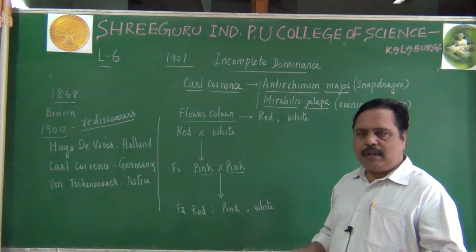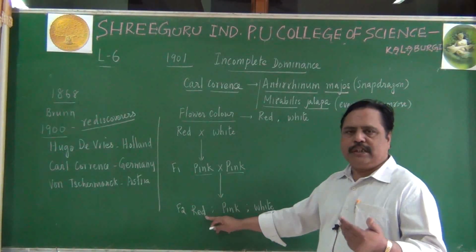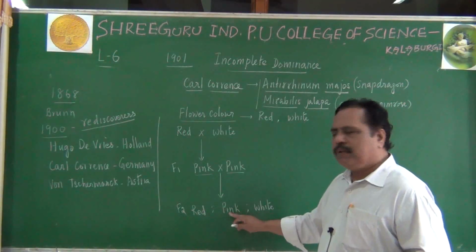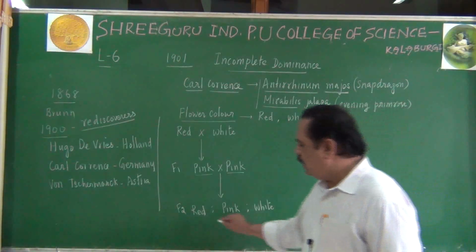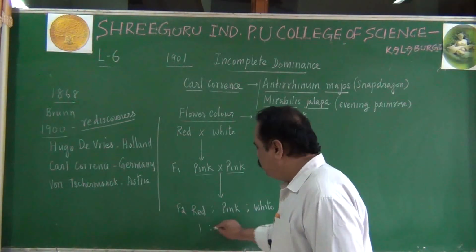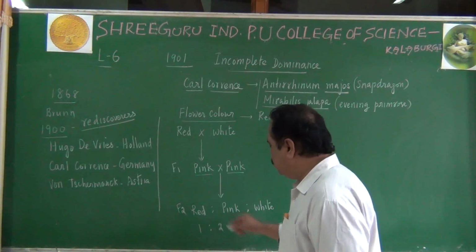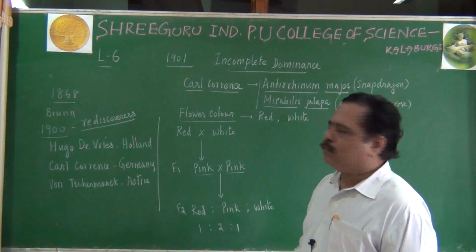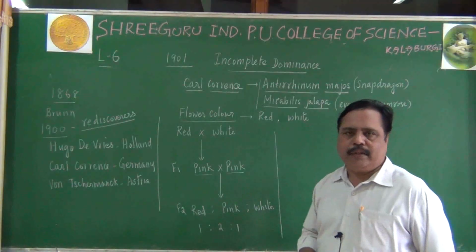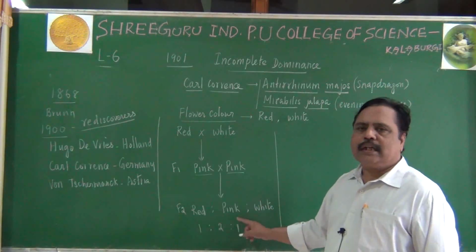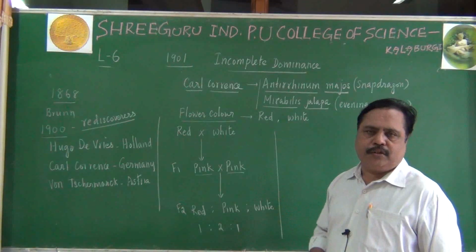Some of the offspring were producing red flowers, some were producing pink flowers, others were producing white flowers. In what ratio? In a 1:2:1 ratio. Students, recall this point: there is no characteristic 3:1 ratio.